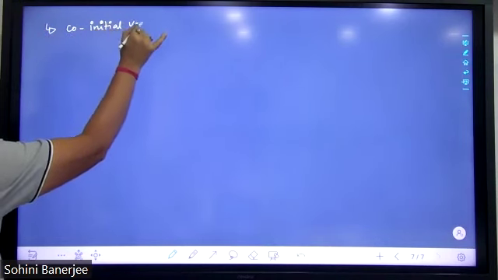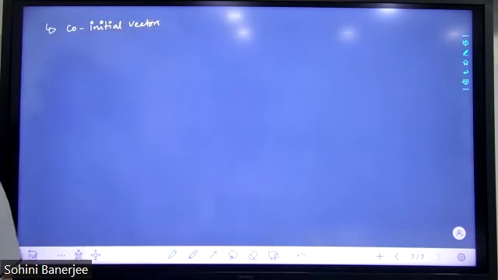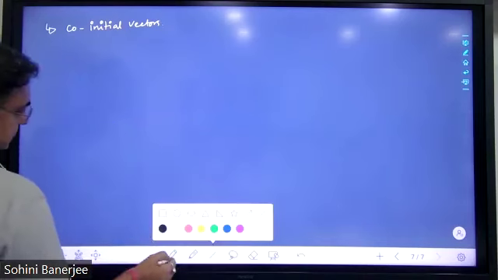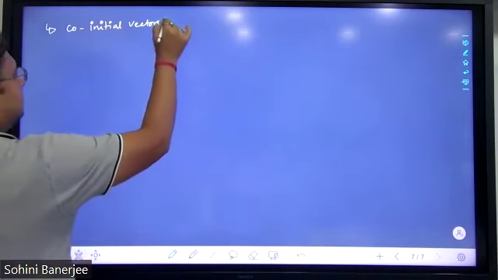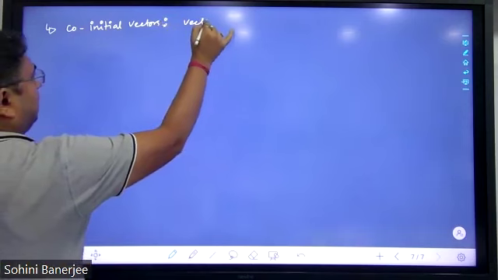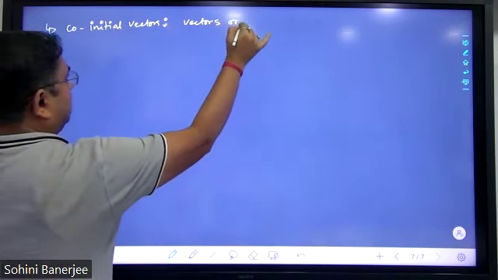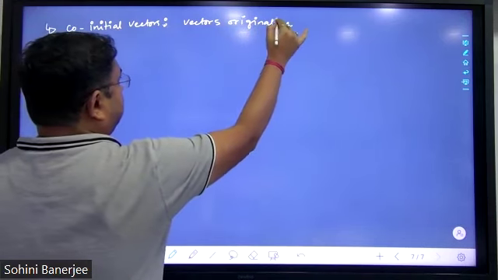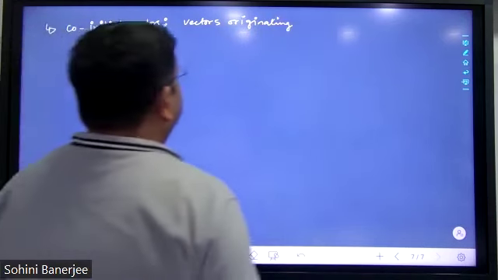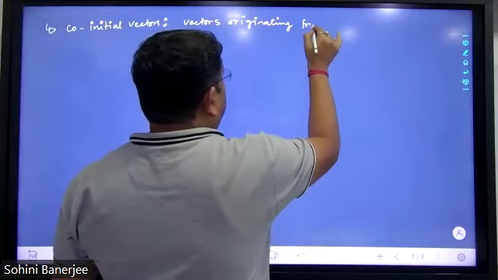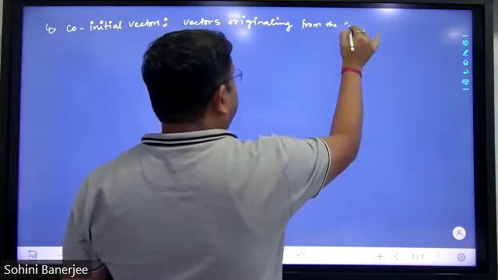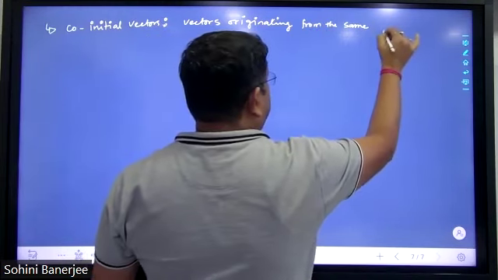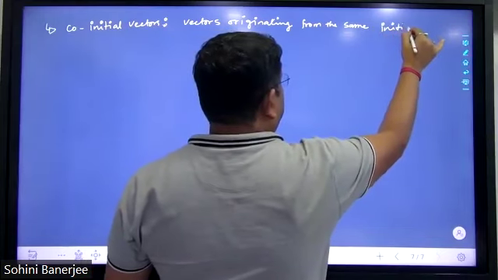Co-initial vectors. Vectors originating from the same point, the same initial point.